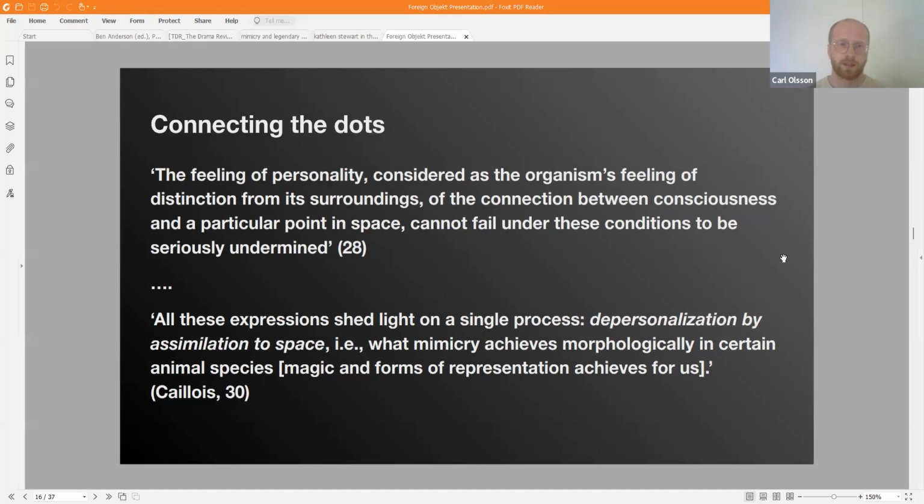"The feeling of personality, considered as the organism's feeling of distinction from its surroundings, of the connection between consciousness and a particular point in space, cannot fail under these conditions to be seriously undermined. All these expressions shed light on a single process, depersonalization by assimilation to space," i.e., what mimicry achieves morphologically in certain animal species, and I've added magic in forms of representation, achieve for us.